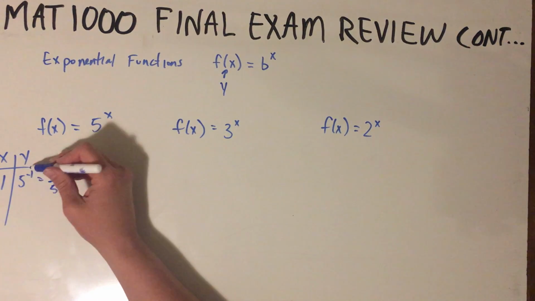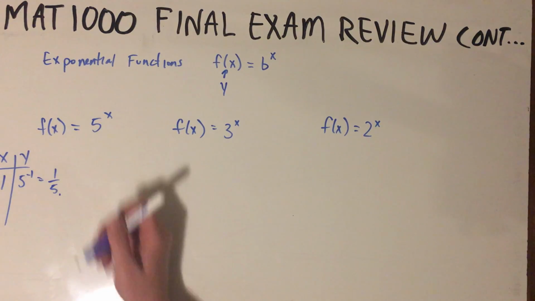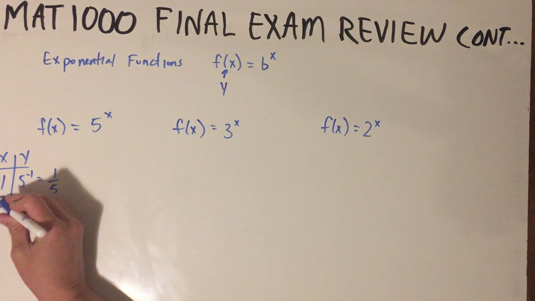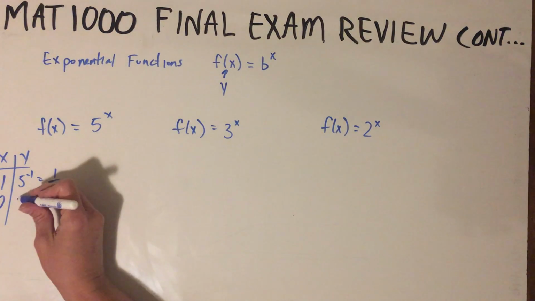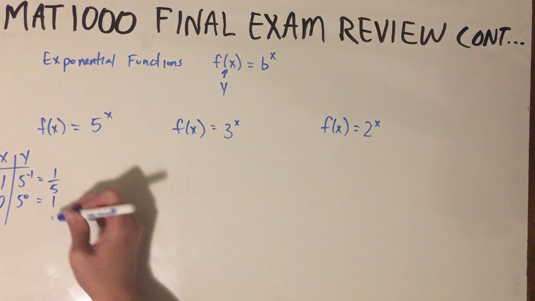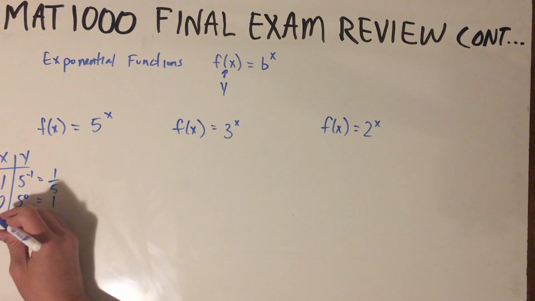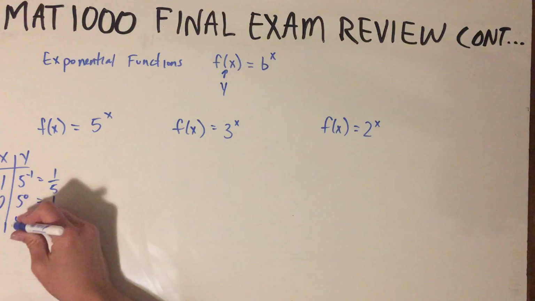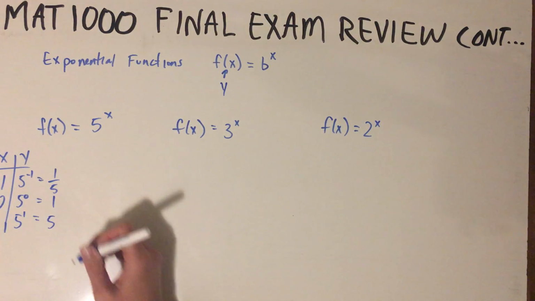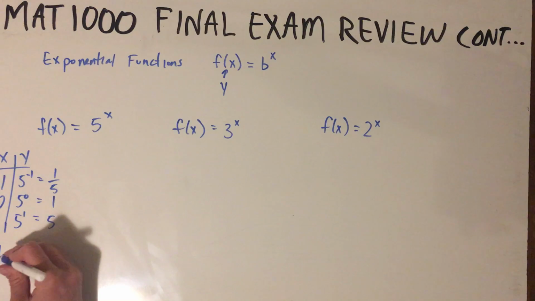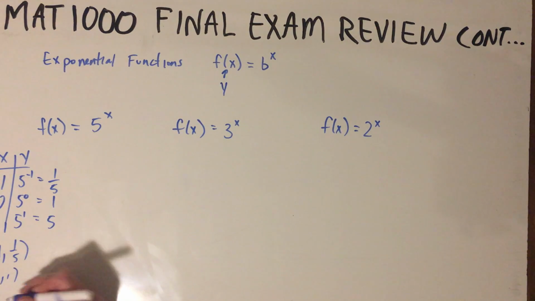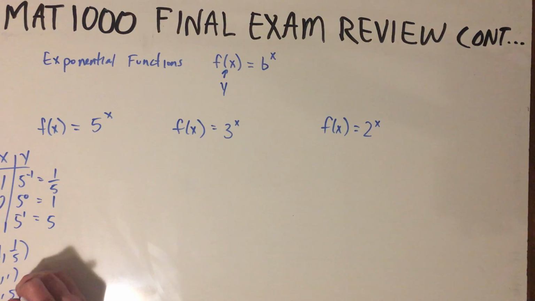The rules of exponents say if I have a negative exponent and want to make it positive, I put it in the denominator. If I plug in 0, anything to the 0 power is 1. If I plug in 1, 5 to the first power is just 5. So I have these ordered pairs: -1, 1/5; 0, 1; and 1, 5.